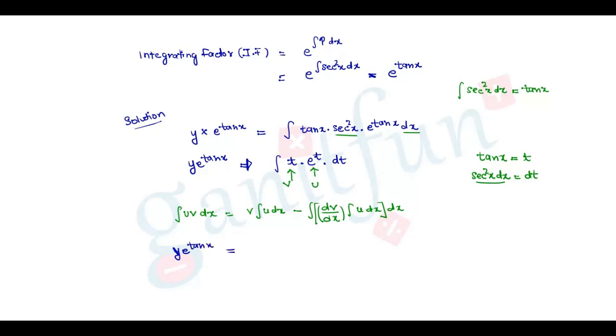So using this formula, as per v and u which we have taken, LHS is same. RHS will be t outside integration of e power t dt minus dt by dt integration of e power t dt. So t into integration of e power t is e power t.